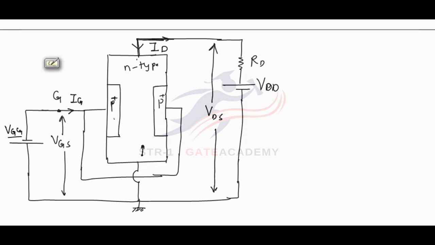As this battery is ensuring gate to source is reverse biased, in a reverse biased PN junction the current is very less, so now consider this gate current IG equal to 0.